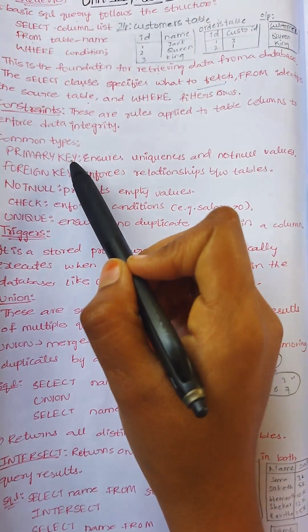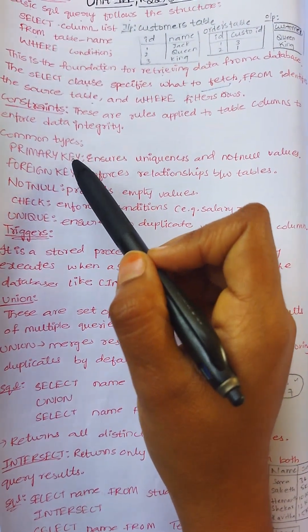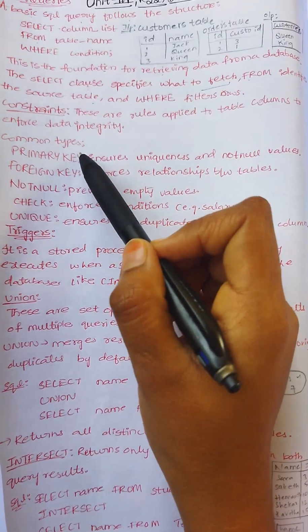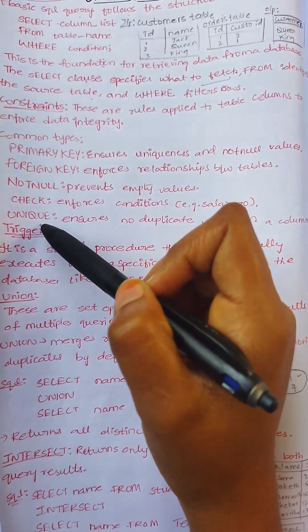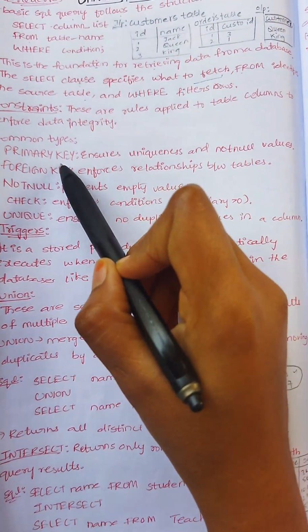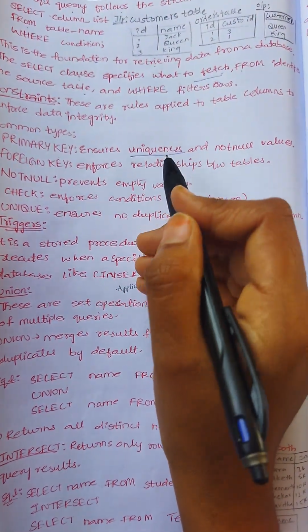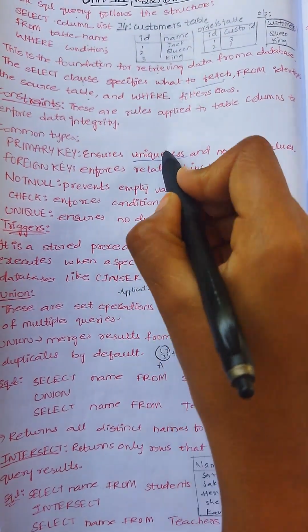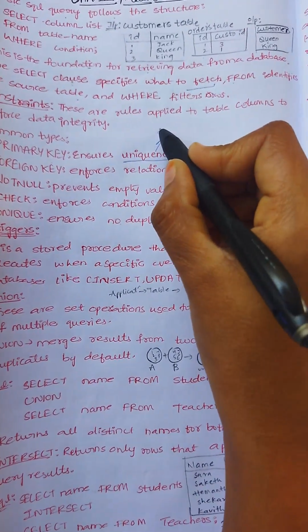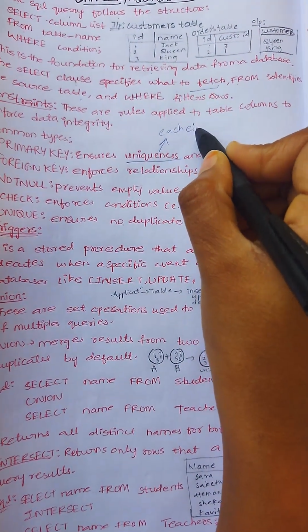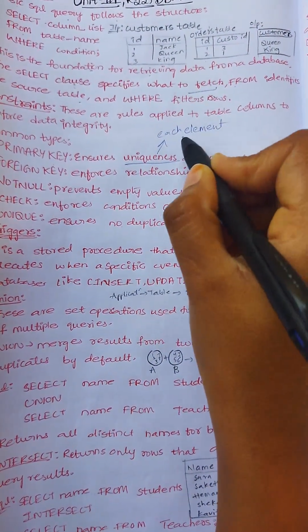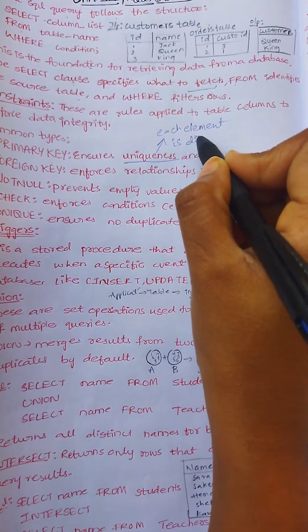Constraint types, we have 5 types: primary key, foreign key, not null, check, unique. Primary key contains uniqueness. Uniqueness is nothing but each element differs from another element.